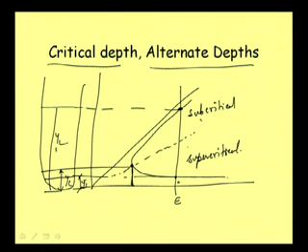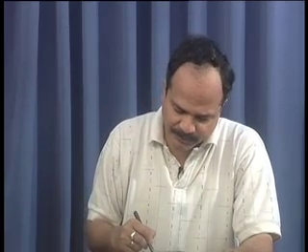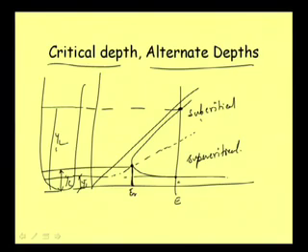That means, if we know suppose y1 and the critical depth yc, then we are in a position to find out what will be our y2 using that relationship, or if we know both y1 and y2, we know for that particular flow what is our critical depth. So these are all possible.